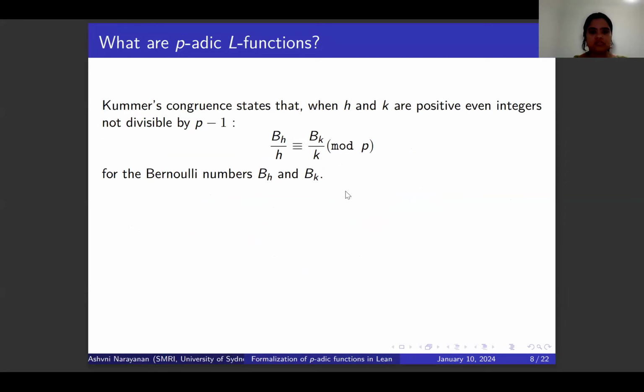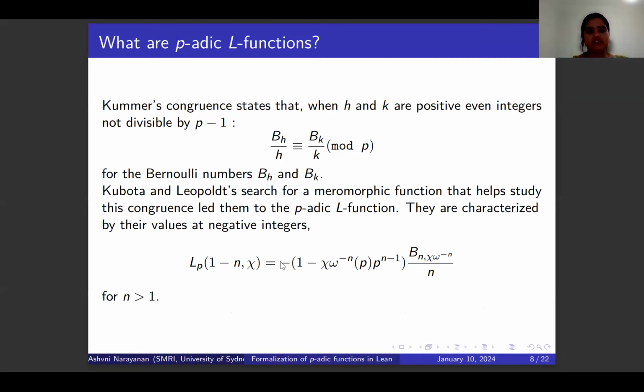This is where they landed upon the p-adic function, which is basically a meromorphic continuation of these numbers at the negative integers. Sorry, what I mean is that the p-adic function takes this particular value at the negative integers, and if you remove this p term over here, then you will end up with the Dirichlet L function.